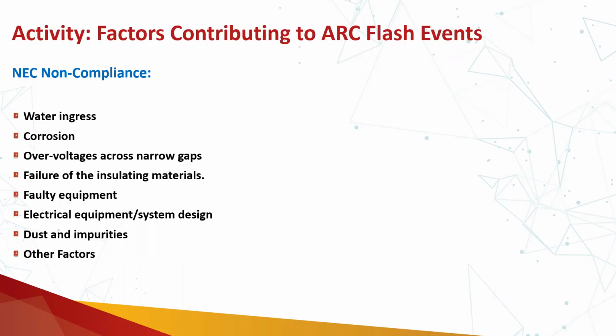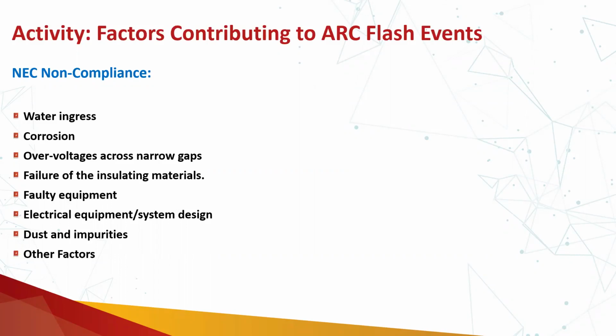That means IP rating was not followed. Corrosion: why have you installed this particular equipment in a highly corrosive area near the seaside or shore, where there are chances of corrosion? Again, this is due to wrong selection of the equipment.